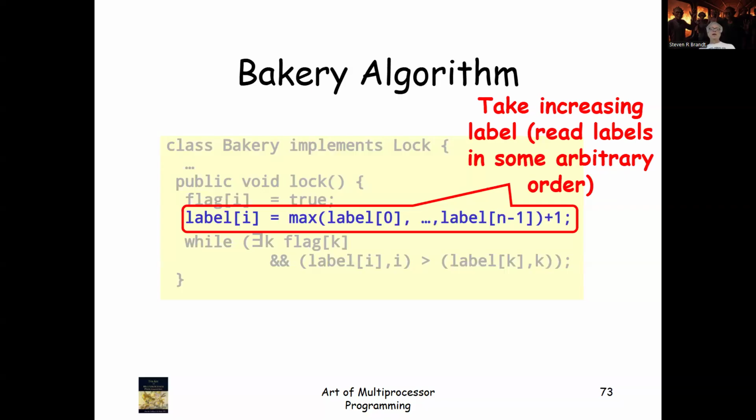Now, here's a question for you. What if instead of using this max, I just had a single integer and I just incremented that by 1 and stored it as my label? Yeah, well, we can't synchronize it because we're actually writing a lock.